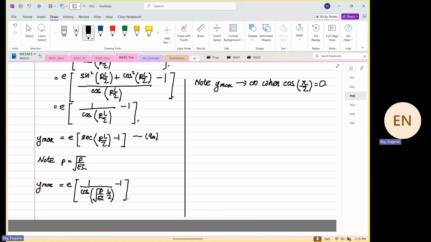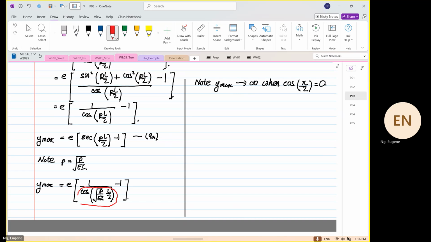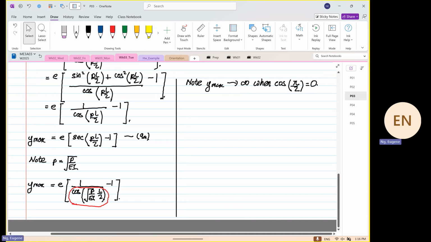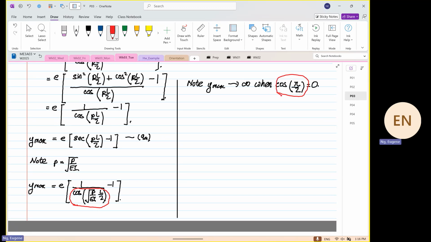Okay, so I want you all to put your attention now into this term over here, and into here now. Okay. So 1 divided by 0, you cannot. It tends to what? Infinity. So when that's the case, we can write up the expression square root P over EI. Okay.